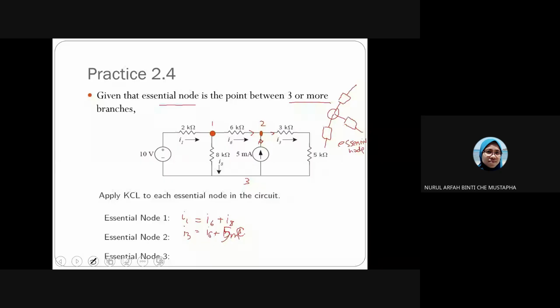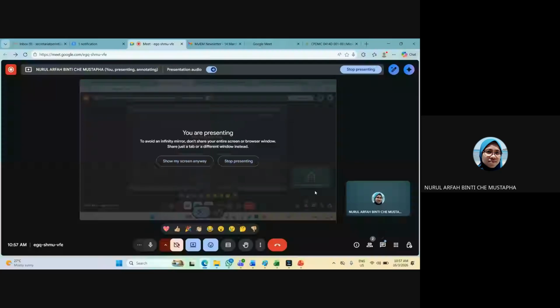Please do not write the equation yet, just avoid that because you might confuse yourself later on. Anyone? Node 3.